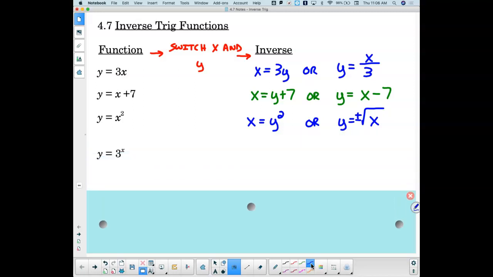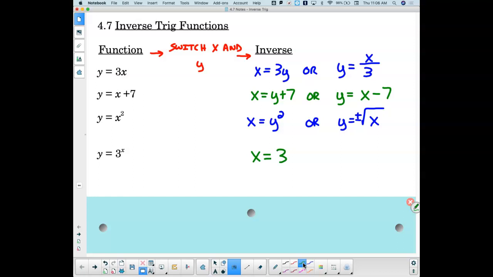Exponential type, y equals 3 to the x power, same thing, flippity-floppity, x equals 3 to the y power, or y equals log base 3 of x.